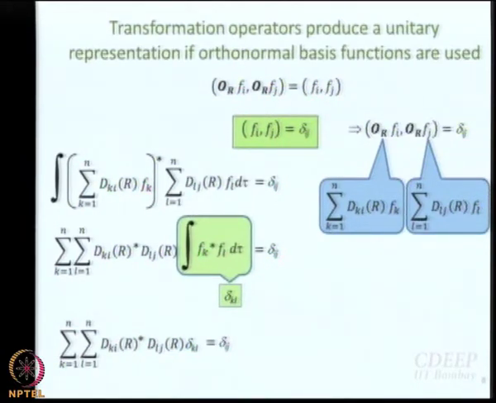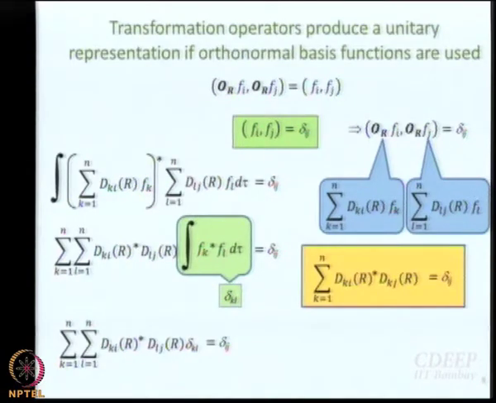How do I get rid of one? Like this. I can get rid of L, put L equal to k, only those terms will survive. So, I still have one summation, but okay, I can live with one summation, I can work it out. Two summations is a bit too much. So, sum over k d_ki star d_kj is equal to delta_ij.